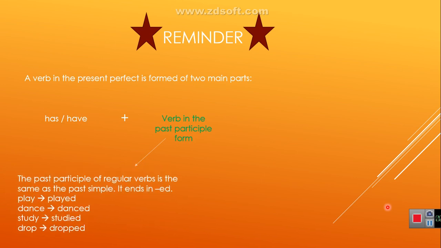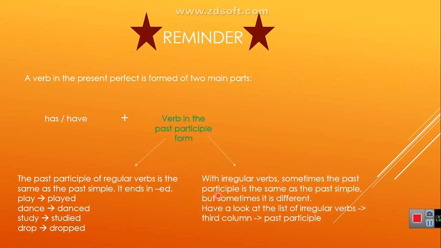The past participle of regular verbs is the same as the past simple. It ends in ed. And here are some examples. Now, with irregular verbs, sometimes the past participle is the same as the past simple, but sometimes it is different.